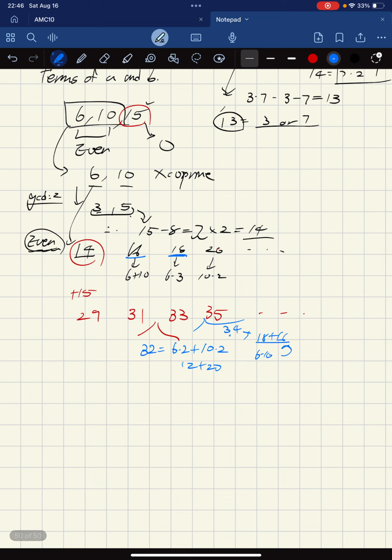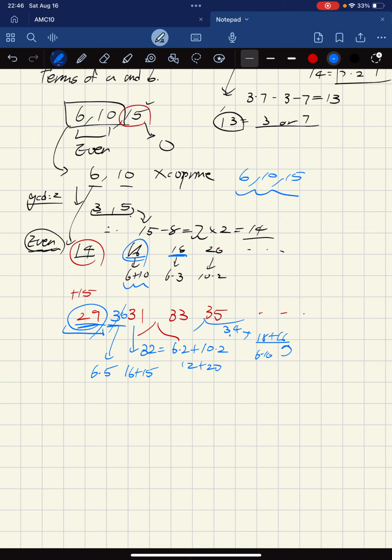So the largest number that cannot be expressed using all of 6, 10, and 15 will be 29. Because 31 can be represented by 16 plus 15, right? And 16 is already 6 plus 10. So 29 will be the biggest number. And 30, if you ask me, that's just 6 times 5.